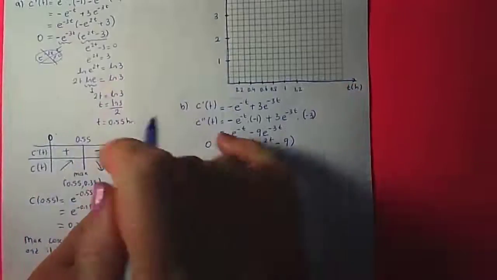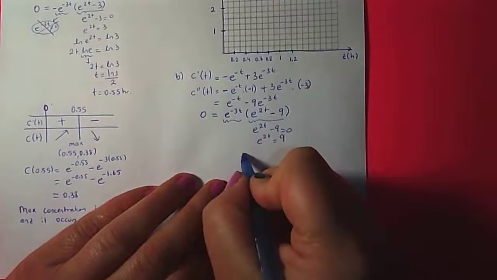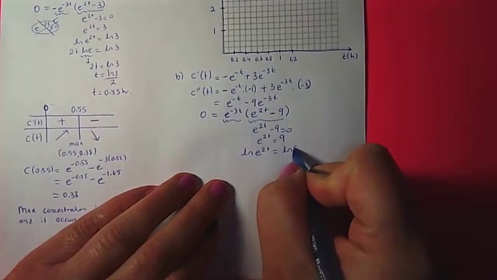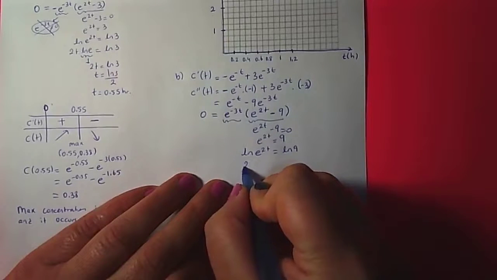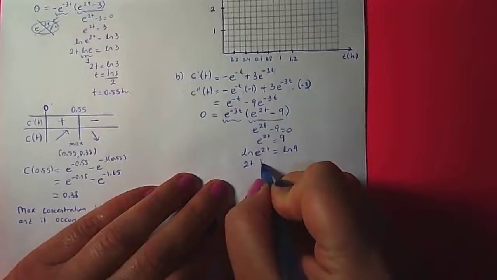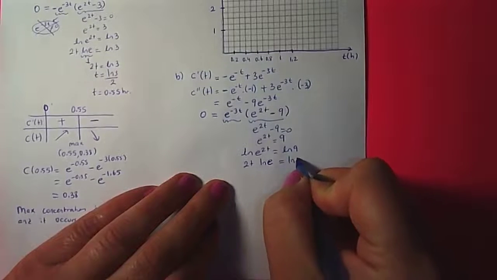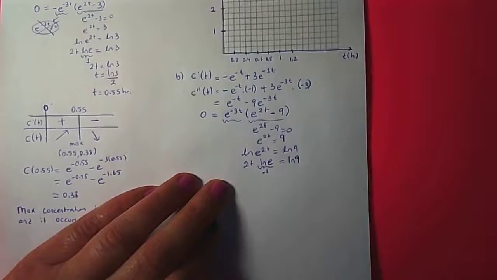So like part A, to be able to solve this, we are going to take the ln of both sides. So ln e to the power of 2t equals ln 9. Use the power rule of log. So you get 2t times ln e equals ln 9. Again, ln e is equal to 1.